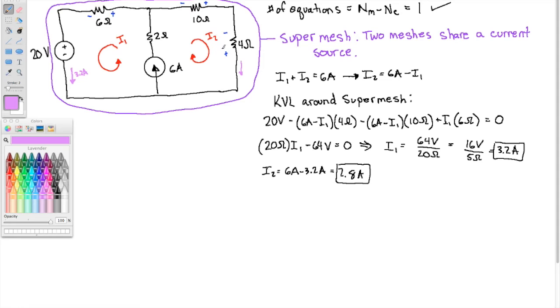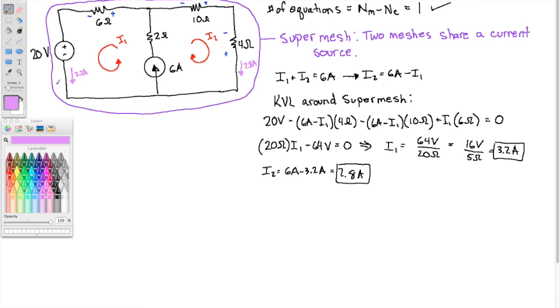Only I2 is contributing to this branch current, and so this current is 2.8 amps. Notice here we've got 3.2 amps coming in, 2.8 amps coming in, then they add to the 6 amps. This current in the middle shared branch is, of course, 6 amps. Alright, so we have the currents everywhere in the circuit.